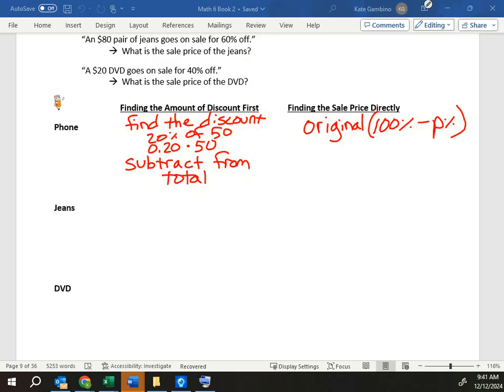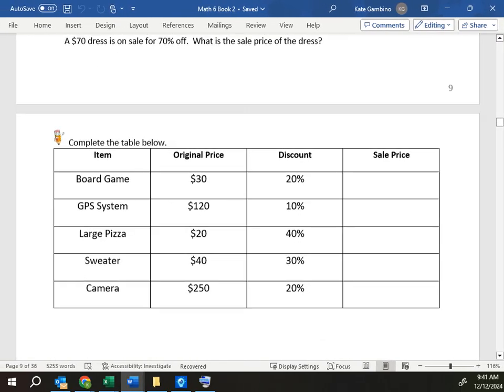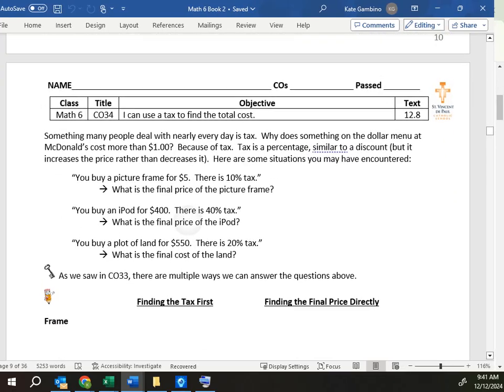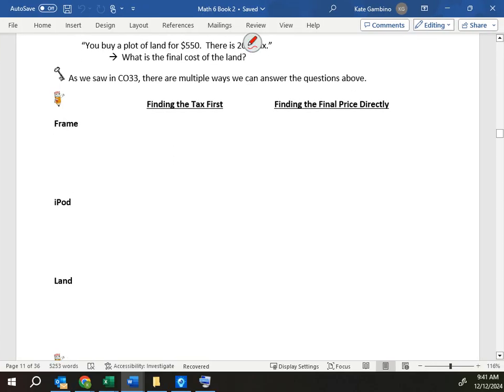The next objective is almost the same, except instead of finding that discount, we're using the tax to find the bigger amount. So now we're using that tax. Instead of subtracting, we're adding. So again, find the tax amount and add it to the original.